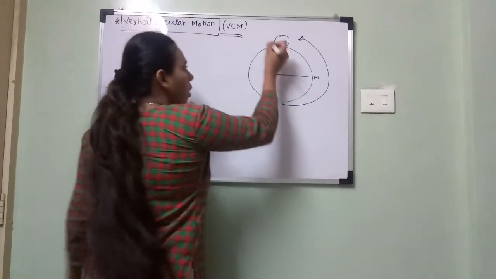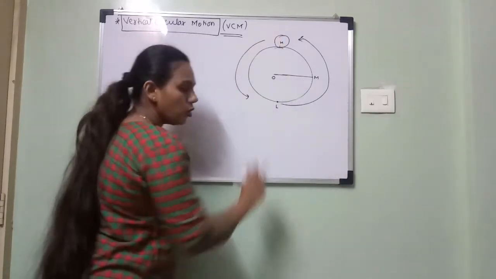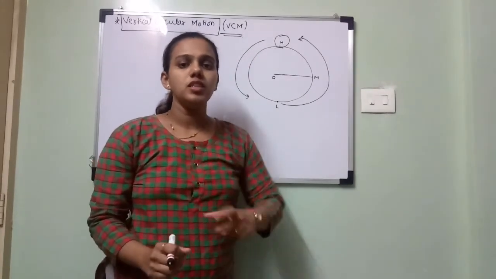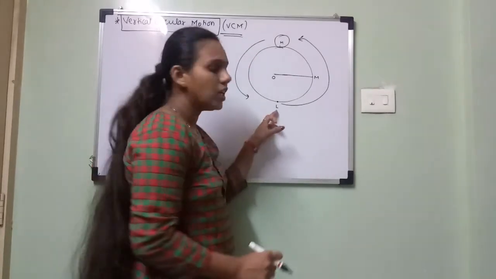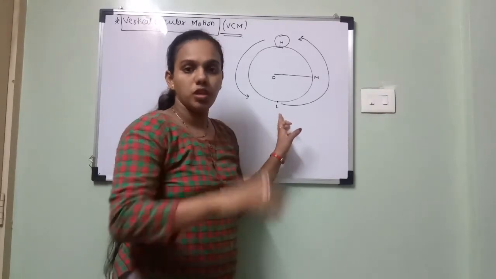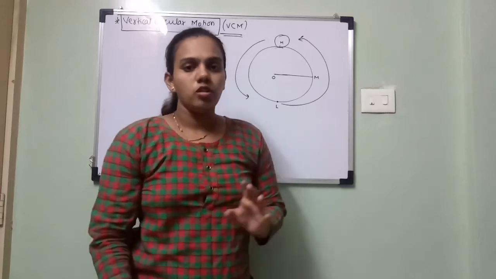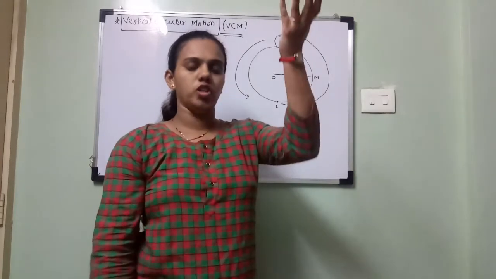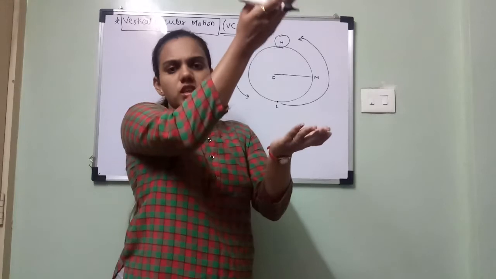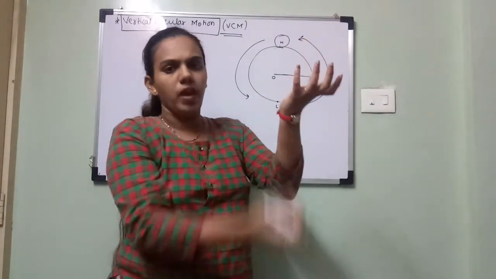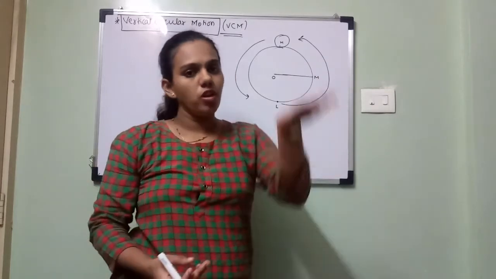But when the body is coming from highest point to lowest point, the gravity supports the motion of the body, hence its velocity becomes maximum at lowest point and tension becomes maximum at lowest point. Just take a simple example. You are throwing a ball in upward direction. Its motion is very less. Due to gravitational force, that ball will be attracted towards the earth, hence the speed will go on decreasing.